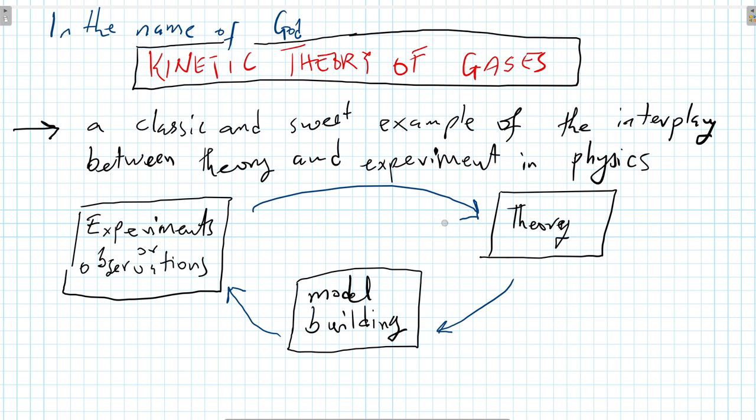So the interplay can start from the theoretical aspects and then be fed into the experimental aspect. With model building, one gets feedback from experiments for sharpening or reshaping or throwing away some of the models that have been built.